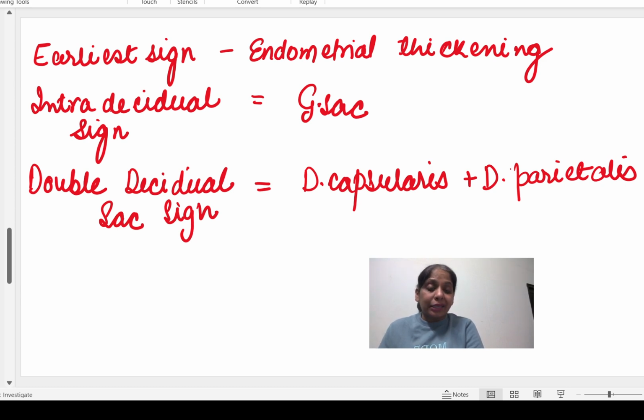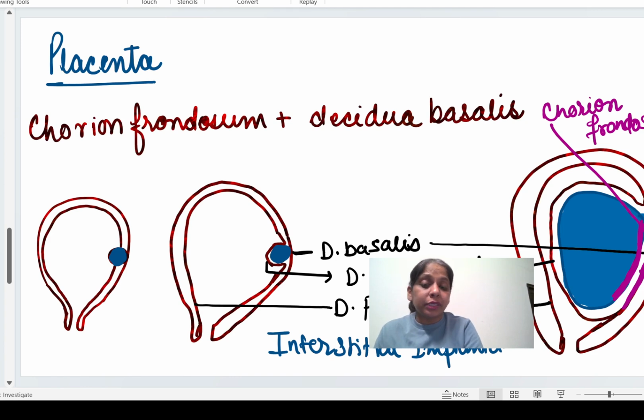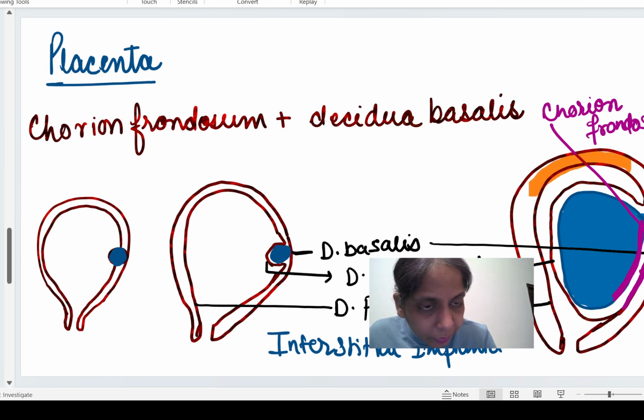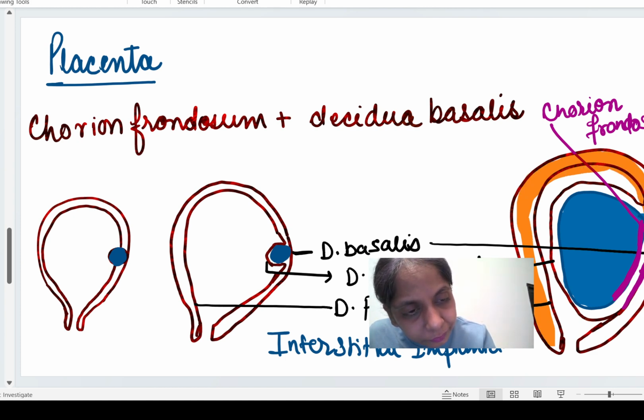Double decidual sac sign means the decidua is seen in two layers, two sacs: decidua capsularis and decidua parietalis. As we have already studied in the placenta, you can see here this is the decidua parietalis sac, right?